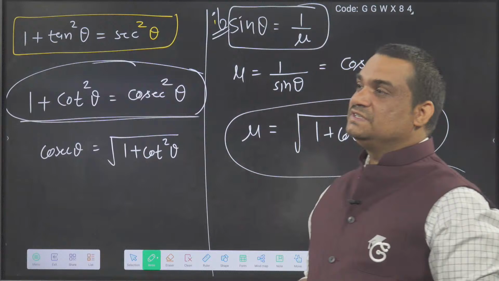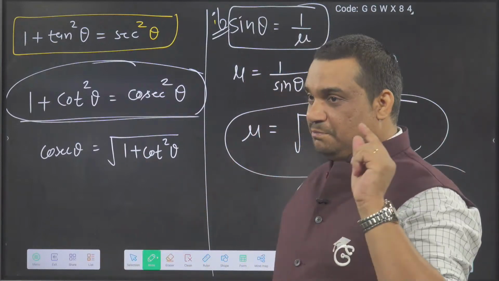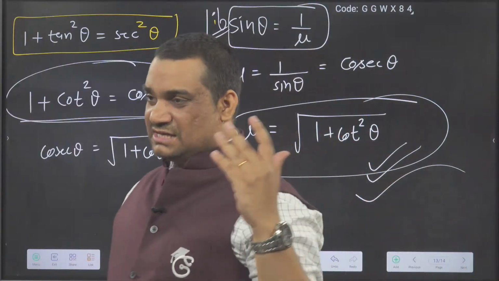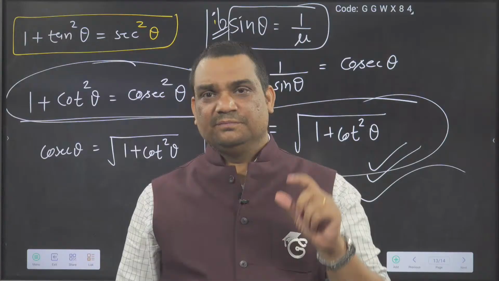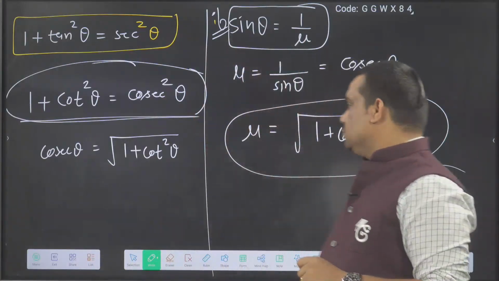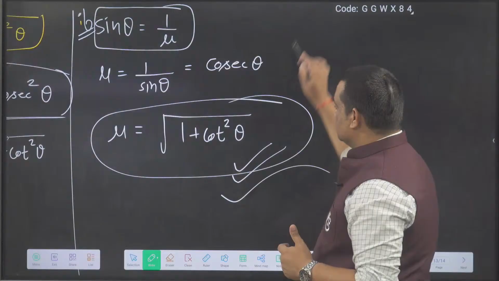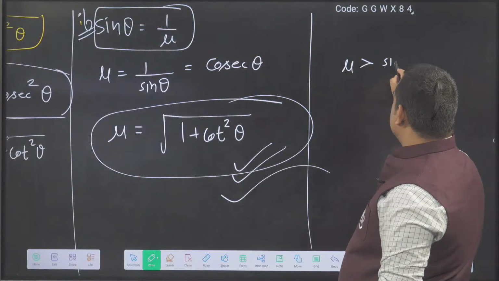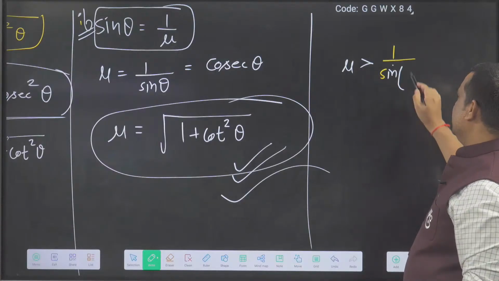In these types of changes, you will see these things coming. In the prism, one question was asked in one of the examinations; I don't remember whether in NEET or JEE, but it was there. A relation comes: mu greater than sine A by 2.